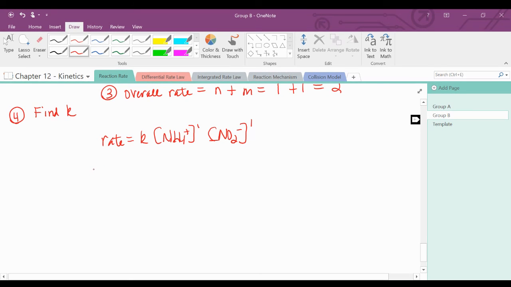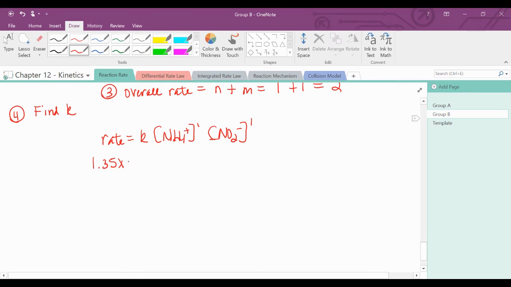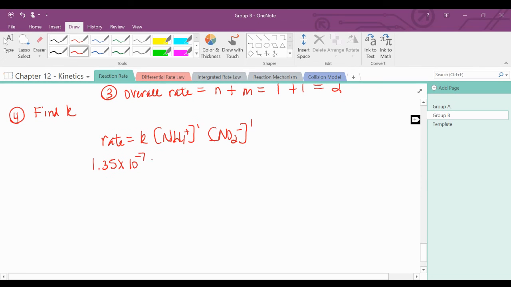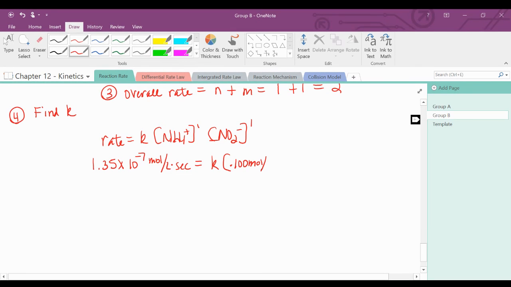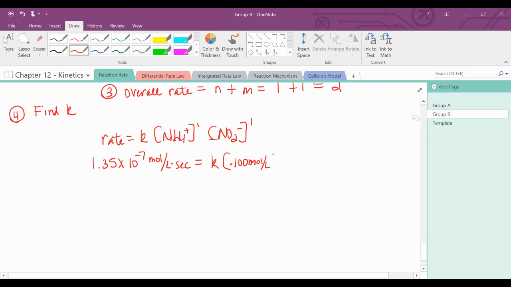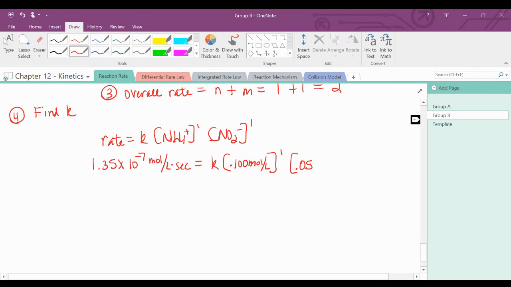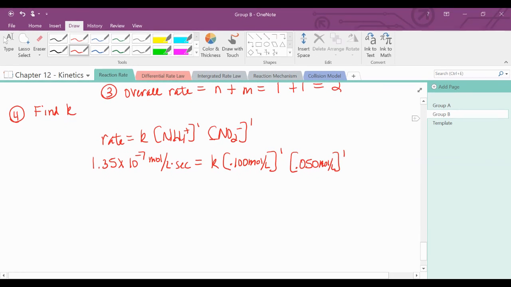The rate was 1.35 times 10 to the negative 7th moles per liter times seconds. We're going to solve for k. The ammonium concentration was 0.1 molar, and I'm going to write this as moles per liter instead of molar so that we can look at units, raised to the first order. And then this would be 0.050 moles per liter raised to the first order.